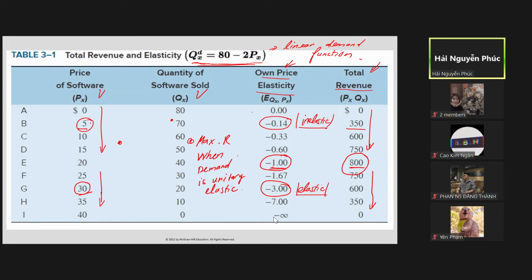So the rule is that at lower price, demand is inelastic. At higher price, demand is going to be elastic.